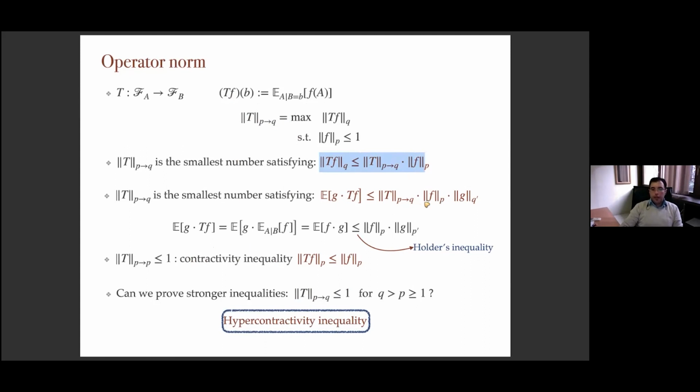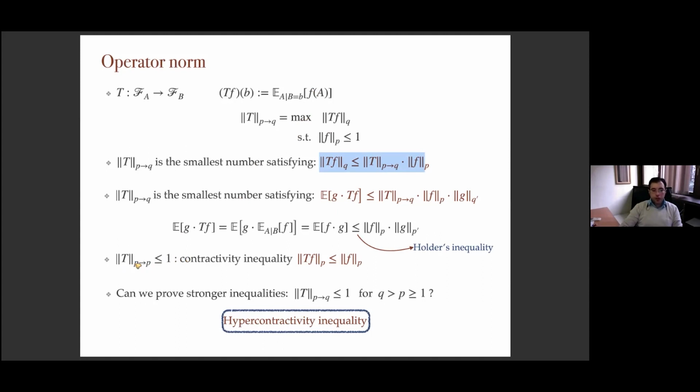Using this Holder inequality or the convexity of the x to the p function, we realize that the P to P norm is at most 1. In fact, it's equal to 1 because we can always take f to be the constant function, so it is greater than or equal to 1, and then it is in fact equal to 1.